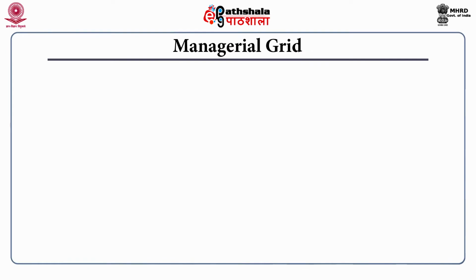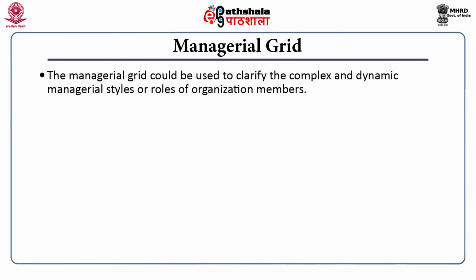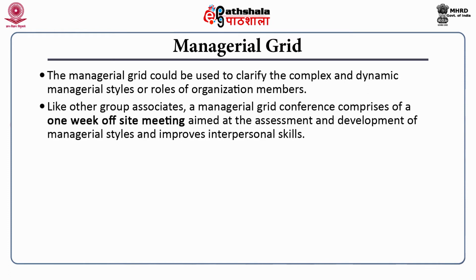In railroads, maintenance production teams are made. For grievance committees, advice teams are made, and many more. The managerial grid can be used to clarify the complex and dynamic managerial styles or roles of organization members, like other group associates.